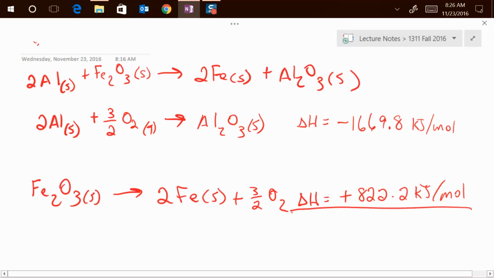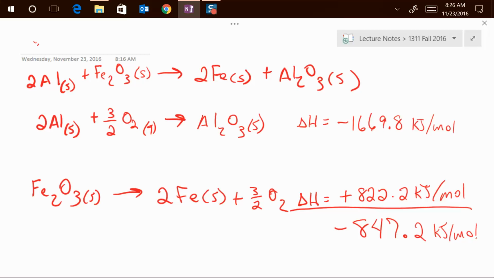Okay, so what is the enthalpy of the top reaction? Negative 847.6. Okay, so you take negative 1669.8 and add 822.2, and you'll get negative 847.6. Is that what you guys are getting?